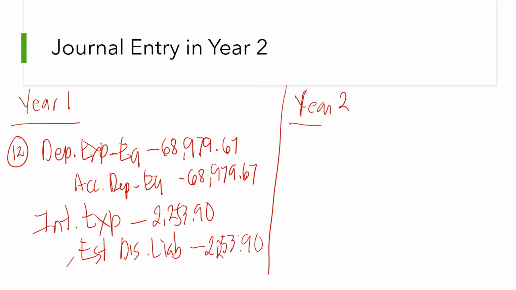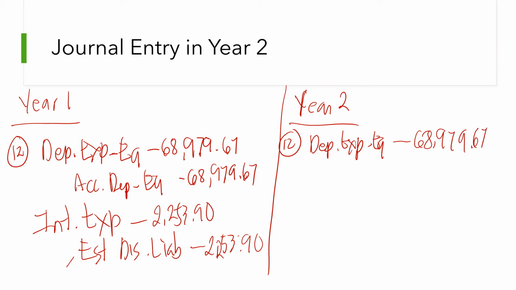For year 2, at the end of 12 months of year 2, our journal entry will be the recognition of depreciation expense also. Depreciation expense equipment. Since this is straight line, this is still 68,979.67, and credit to accumulated depreciation equipment, 68,979.67.